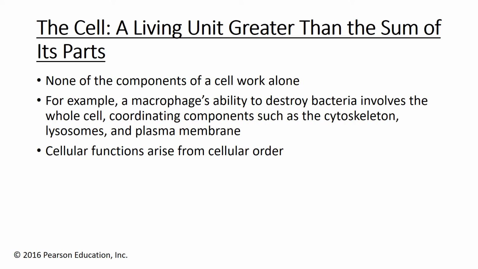Macrophages are usually associated with white blood cells or the immune system. In this example, they're saying that for a macrophage to take care of a pathogen, to ingest or rather engulf a bacteria and destroy it, a couple of things have to be working properly.